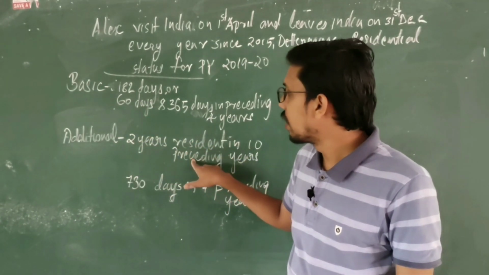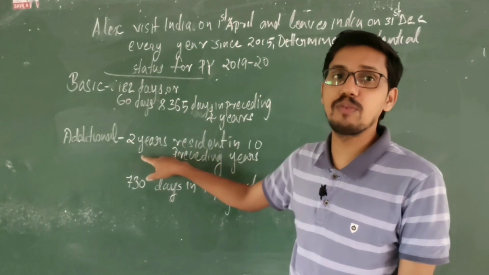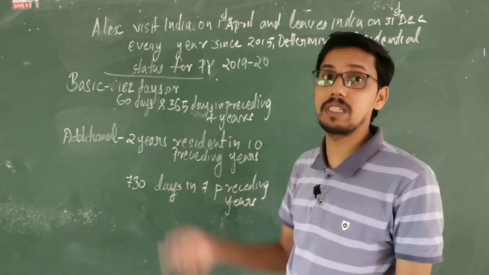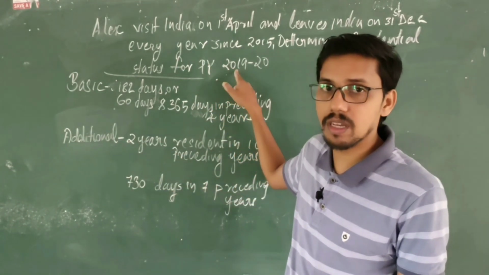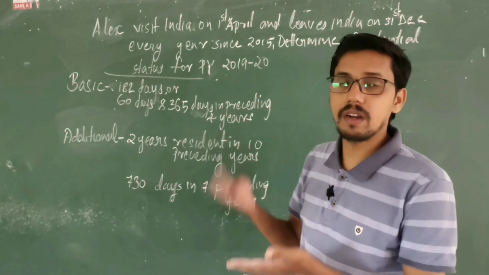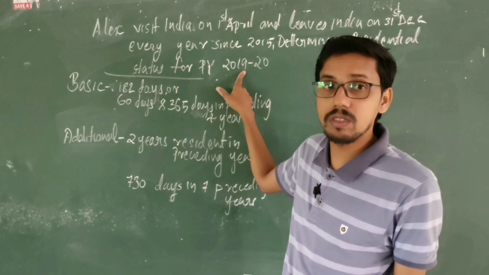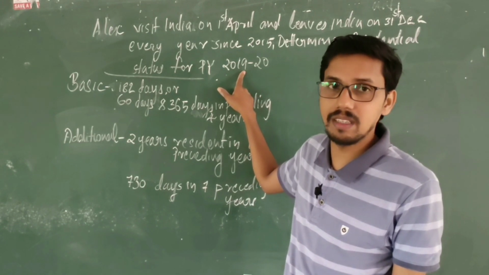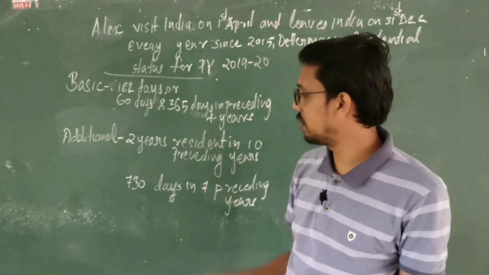Once he is a resident, you can check the additional conditions. He shall be a resident in India for 2 years out of the 10 preceding years of the relevant previous year. Those are the years coming earlier than this previous year. For checking the residence, again you have to check the basic condition.